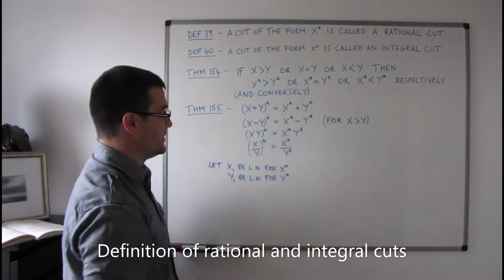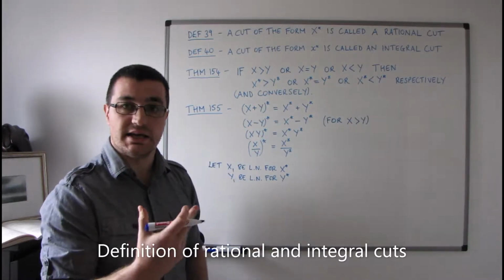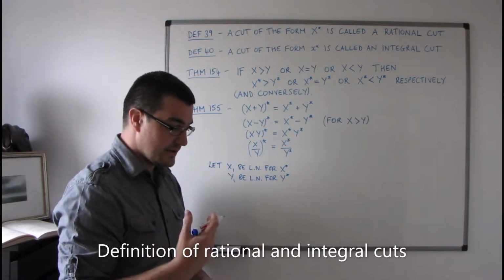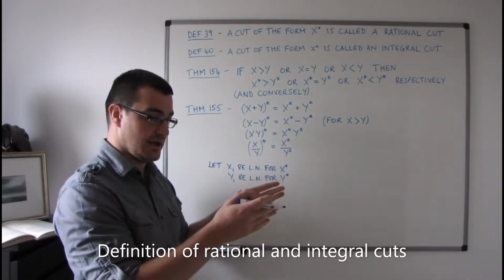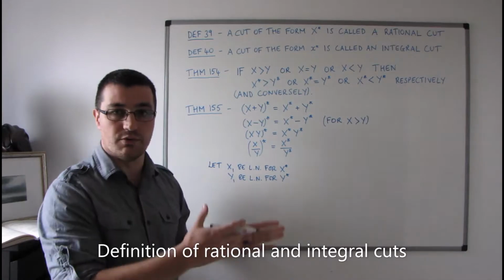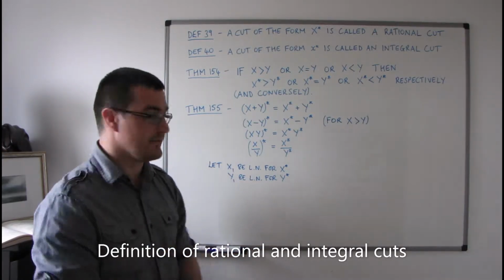Then by definition the cut x star plus y star is the set of rational numbers of the form x1 plus y1, where x1 is a lower number for x star and y1 is a lower number for y star.